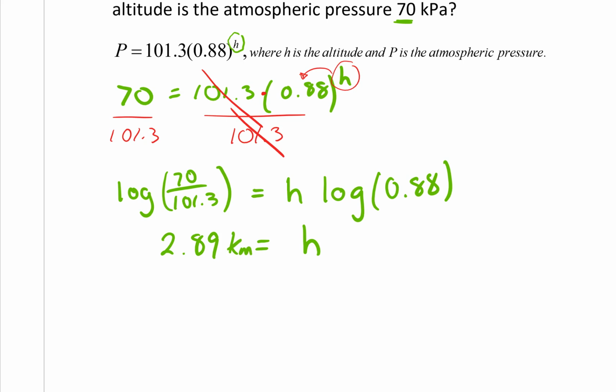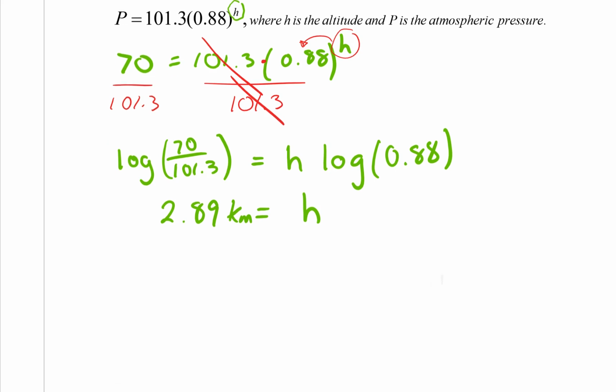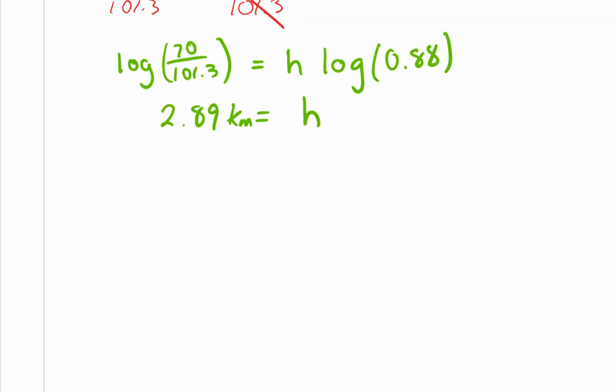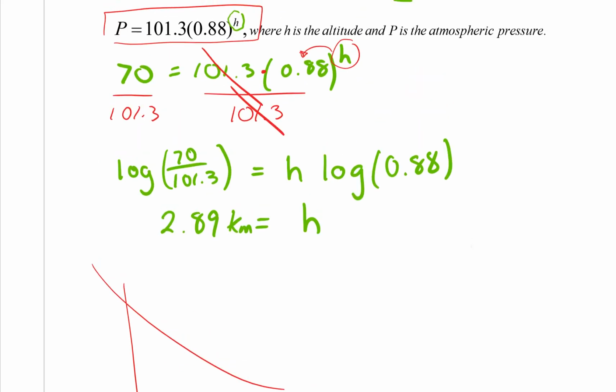Okay? By the way, could you graph this function? Could you go and graph this up here? Well, you should recognize that it's a decreasing exponential function. It's decreasing because the a value is less than 1. So a real quick sketch here, I know that it's going to be this kind of a function. Okay?